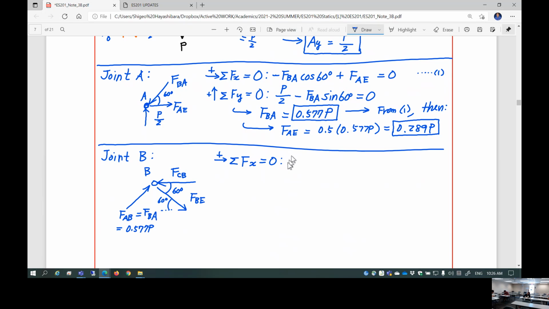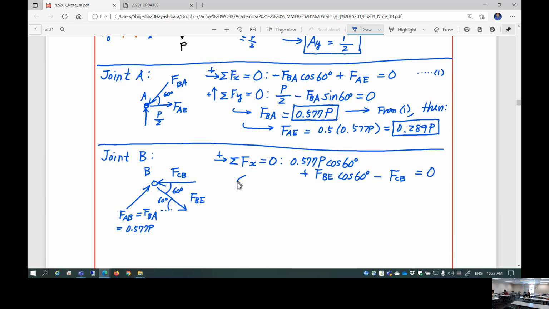This is going to give you 0.577P cosine of 60 plus FBE cosine of 60 minus FCB must be set equal to 0.